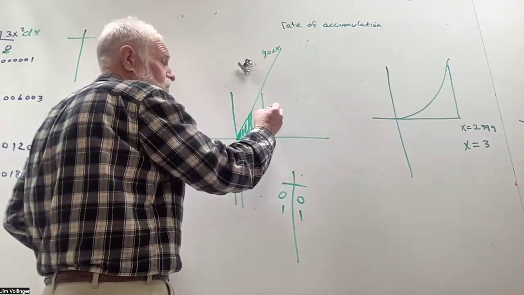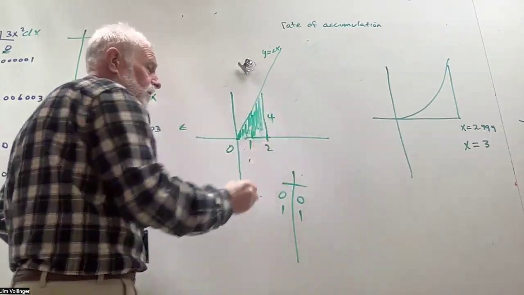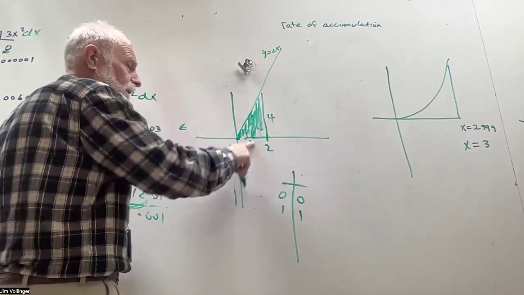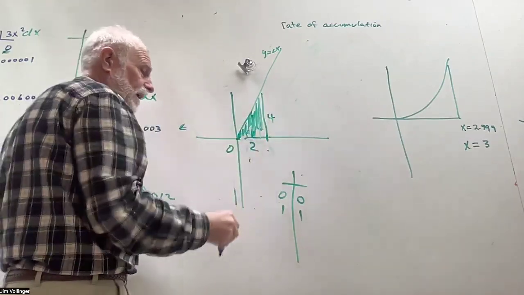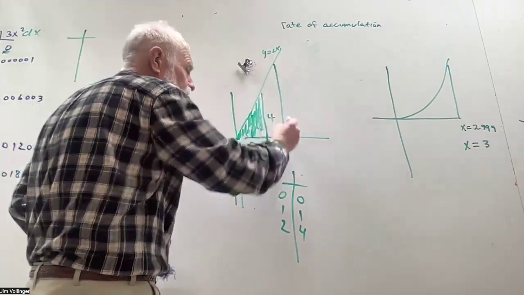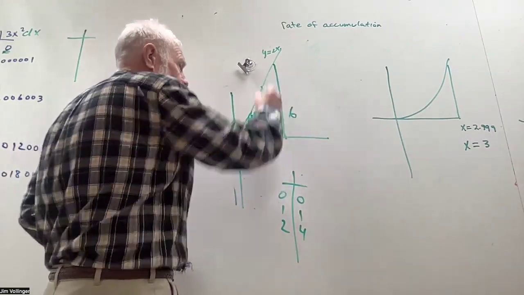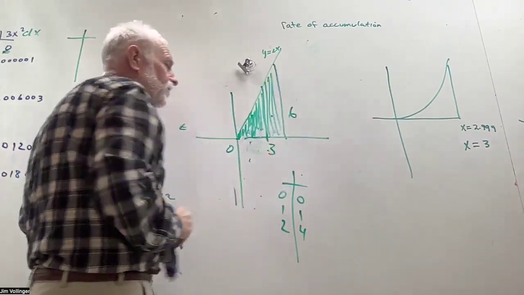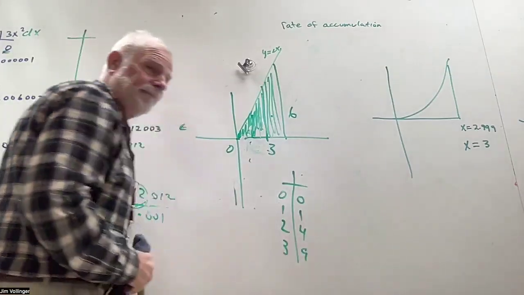Well, 2 doubled is 4. So what's the area of that triangle? 2 times 4, 8 cut in half. That gets me 4 units of area. Let's go to 3. Double is 6. So what's the area of that triangle? 18 divided by 2, 9.